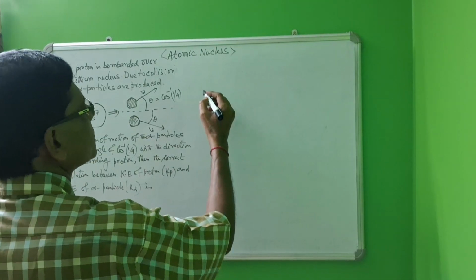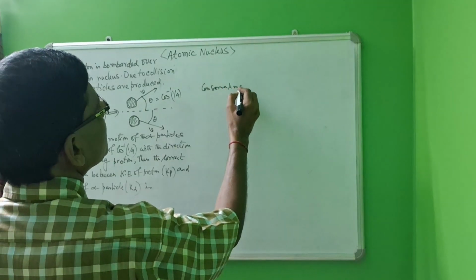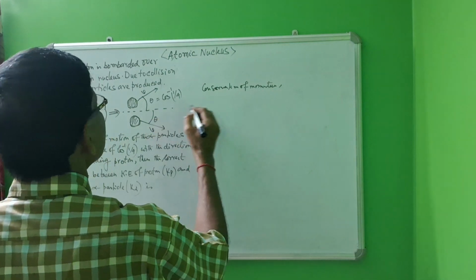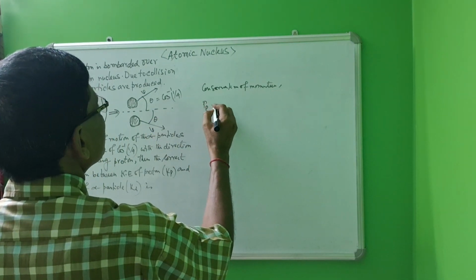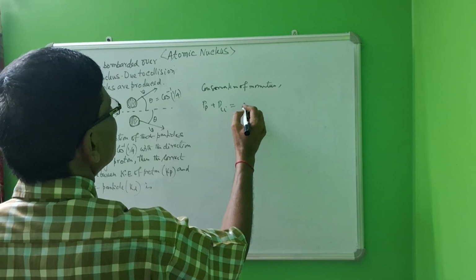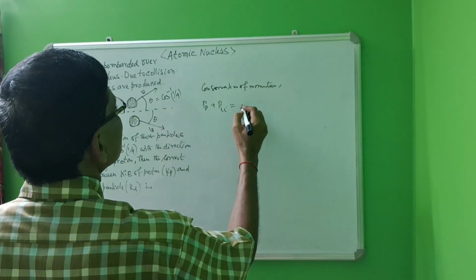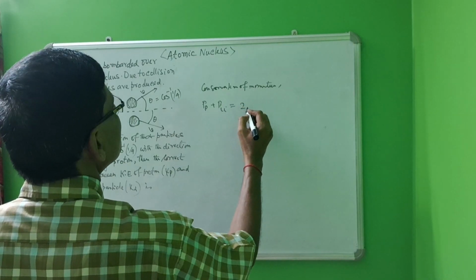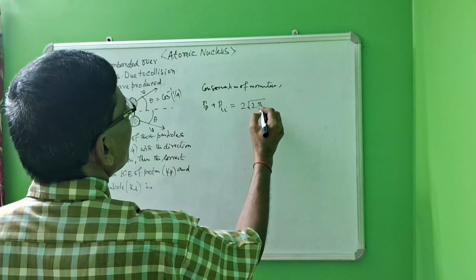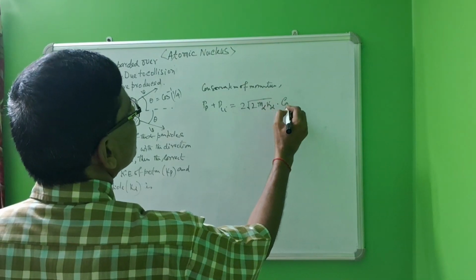From the conservation of momentum, we can write Pp plus P lithium equals 2 root over twice m alpha k alpha into cos theta.